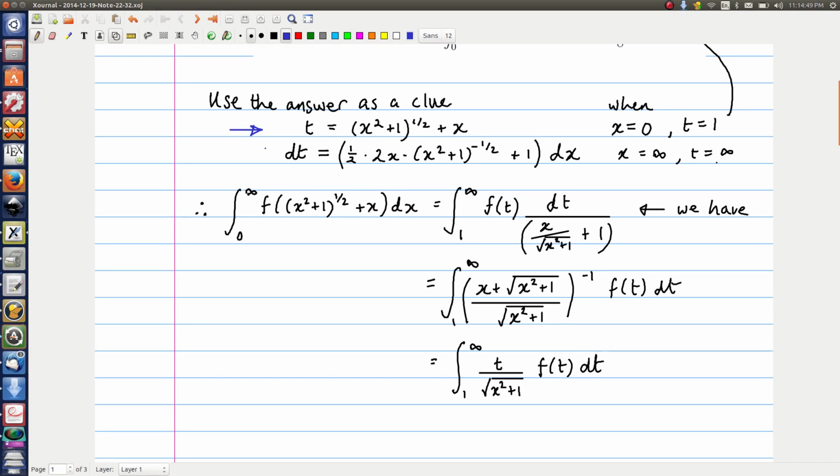Because of that square root, we'd need to write something like x squared plus 1 to the half equals t minus x, square both sides, and then think carefully about what's the exact correct formula.